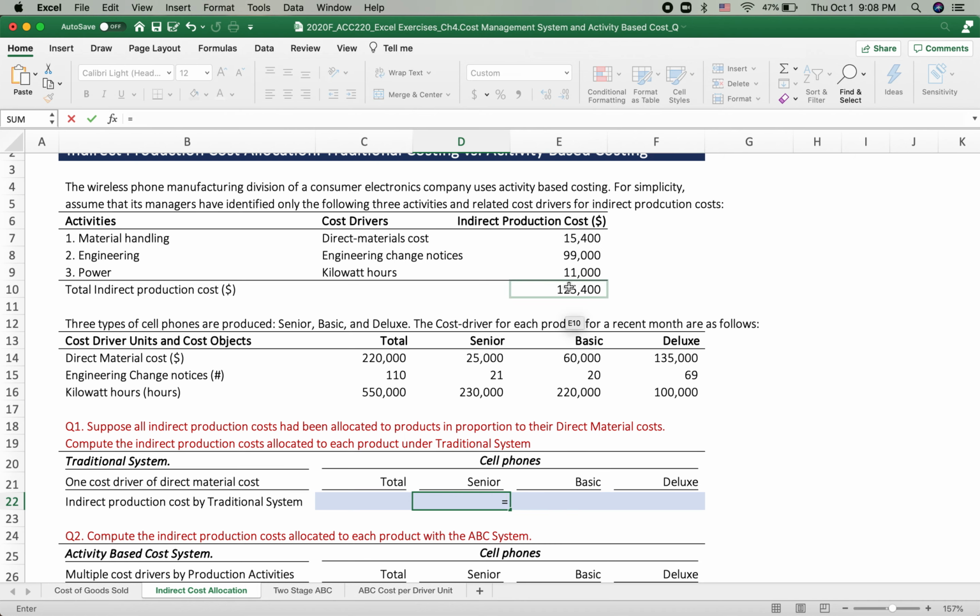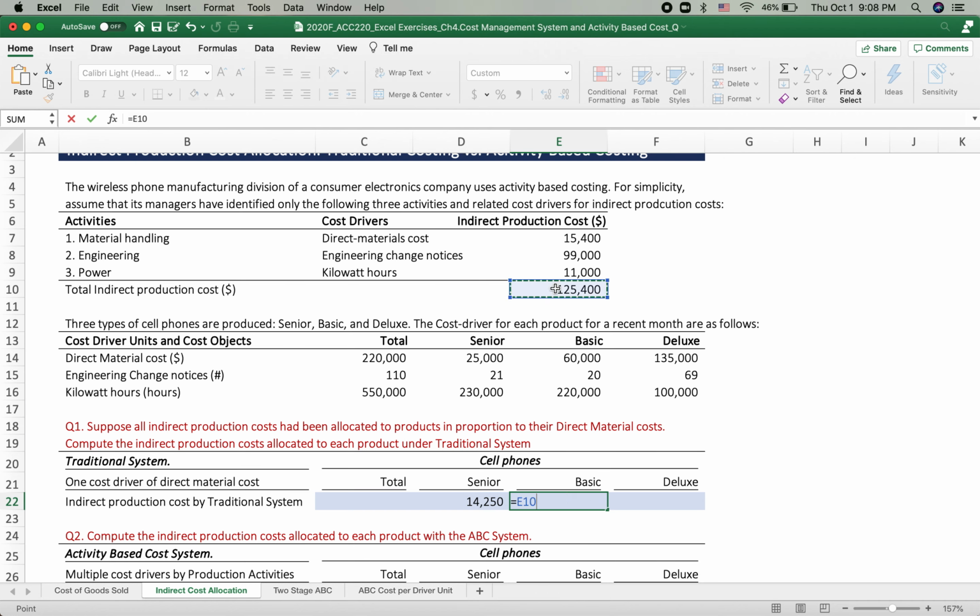Senior gets the total indirect production cost times the proportion percentage of the cost driver units of senior, 25,000 divided by 220,000 in total amount of cost driver units. So 14,250. What about the basic?